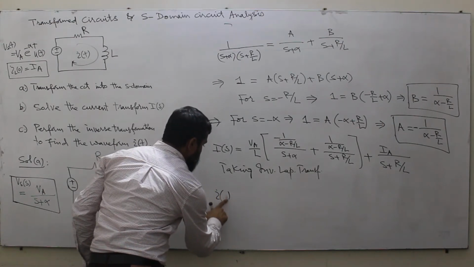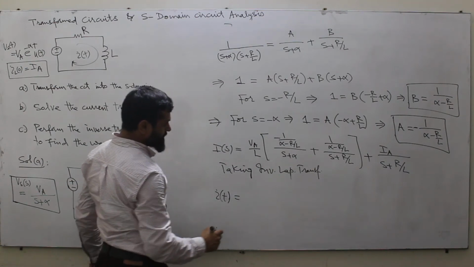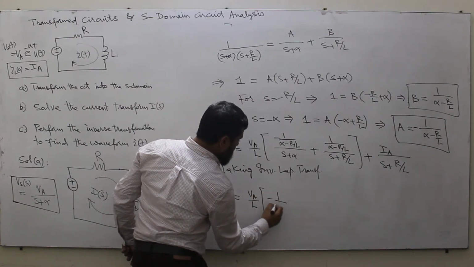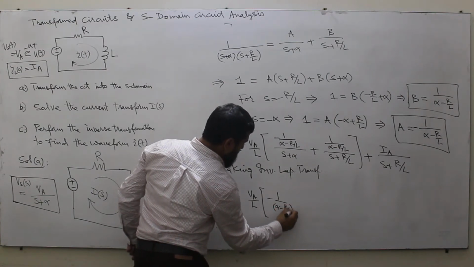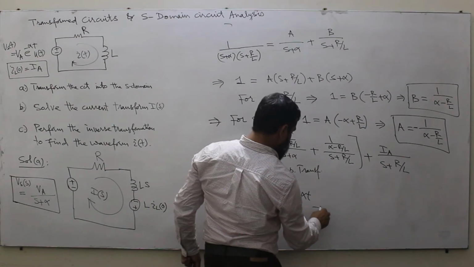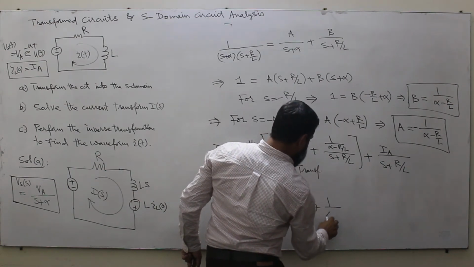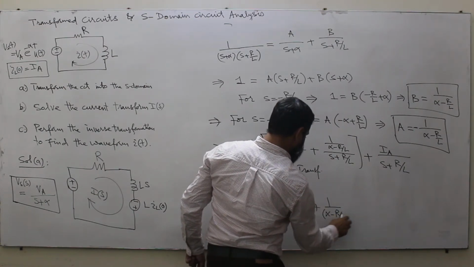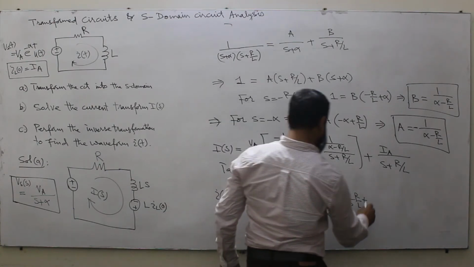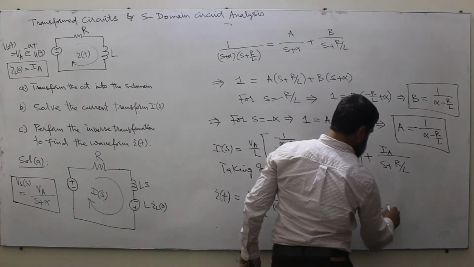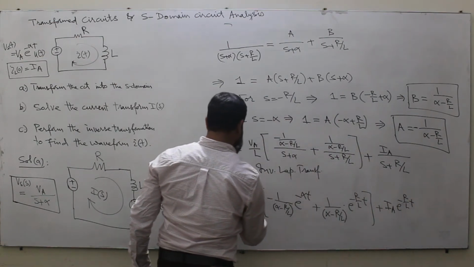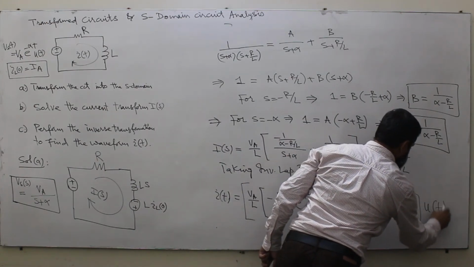I of t is equal to VA over L times minus 1 over alpha minus R over L, this is e to the raised power minus alpha t, plus 1 over alpha minus R over L into e to the raised power minus R over L into t, plus IA into e to the raised power minus R over L into t, and this will whole be multiplied with the unit function in the time domain.